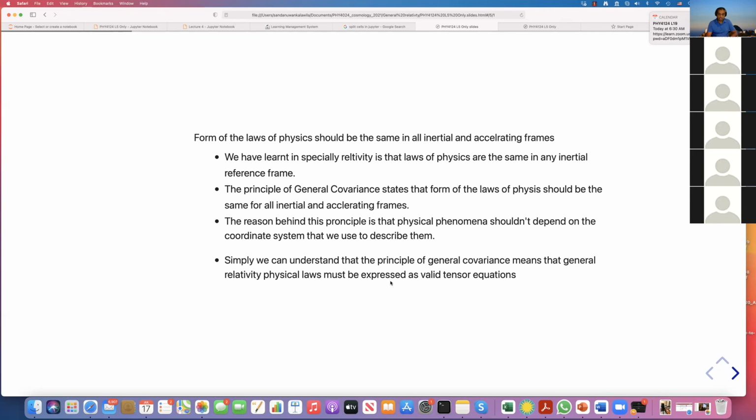So here we discussed that, in order for the principle of general covariance to be valid, we should be able to explain these general relativity physics laws in terms of valid tensor equations, right?